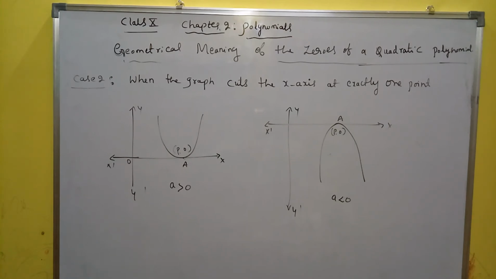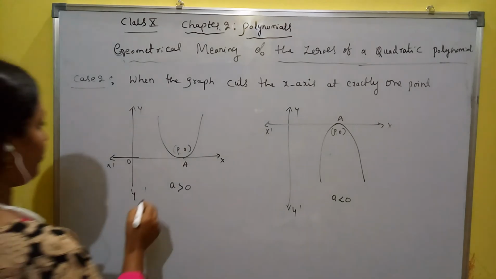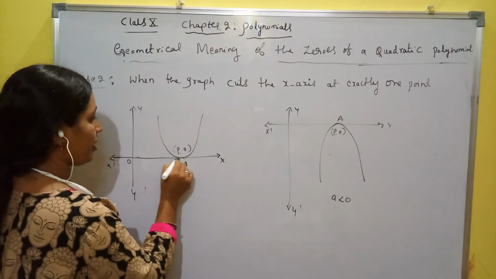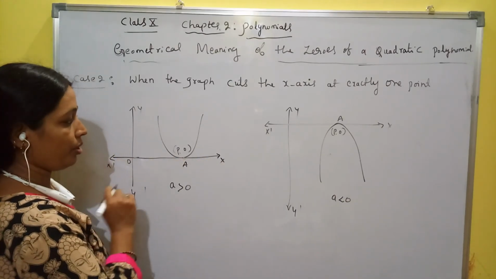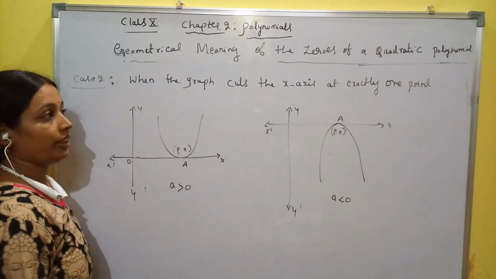The x coordinate of A is the only zero of the quadratic polynomial. In this case, we say that the quadratic polynomial parabola has coincident zeros. Have you understood? You will get this form of graph.